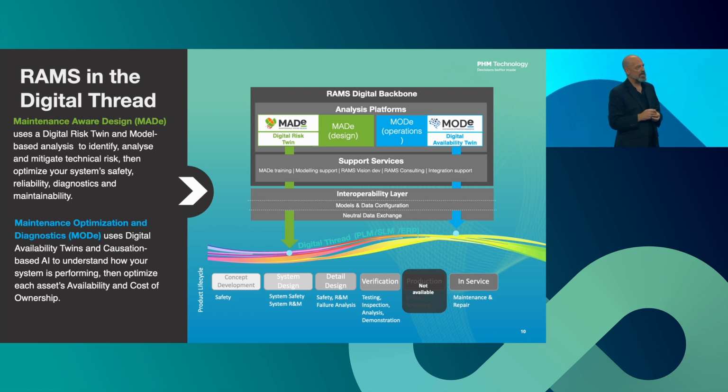And we've spent the last couple of years working with Siemens to make sure that all the information we have inside the digital risk twin can be shared with and through Teamcenter. So the current state is that you can develop your system engineering model in whatever the tool might be.